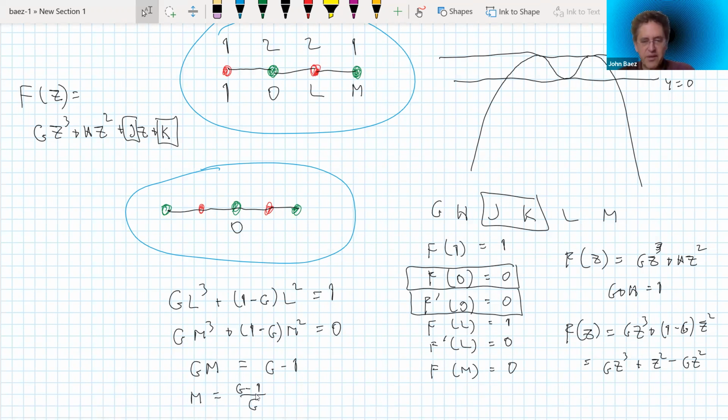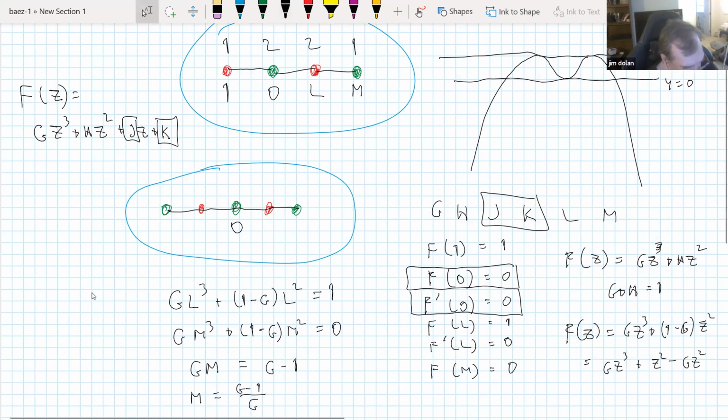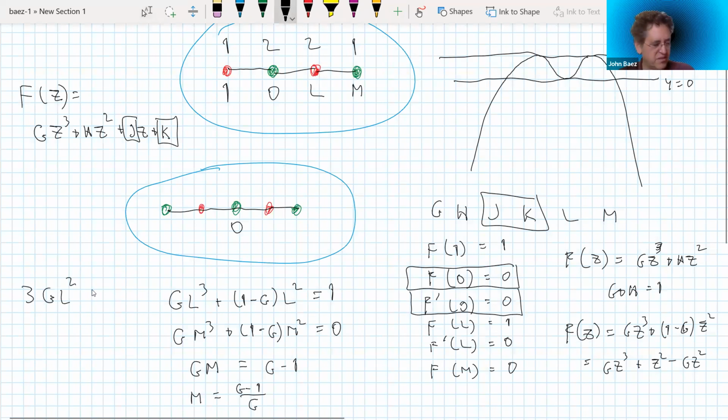Okay, yeah. So anyway, the third one, which I was saving for last because it's the most... well, it's not that unpleasant. So let's see. I'm going to differentiate f, and I'm going to stick L in it. So I'm going to get 3GL squared plus 2HL.